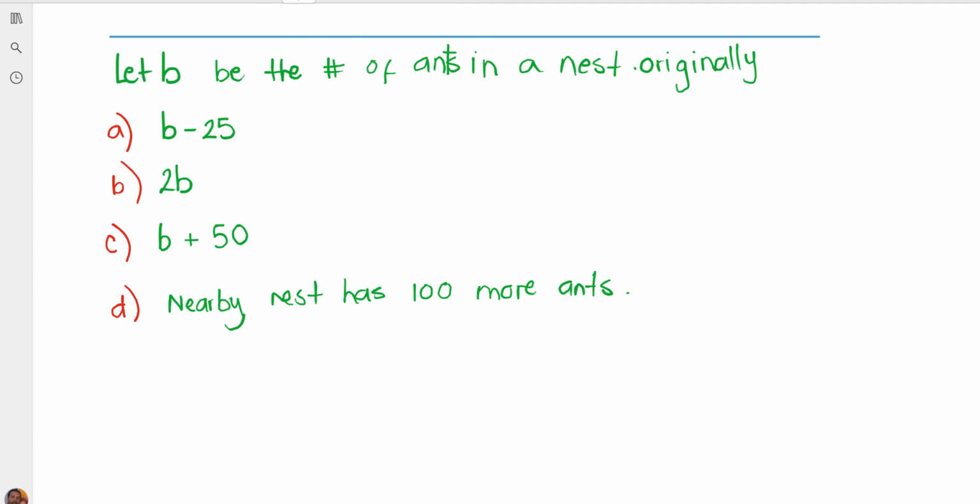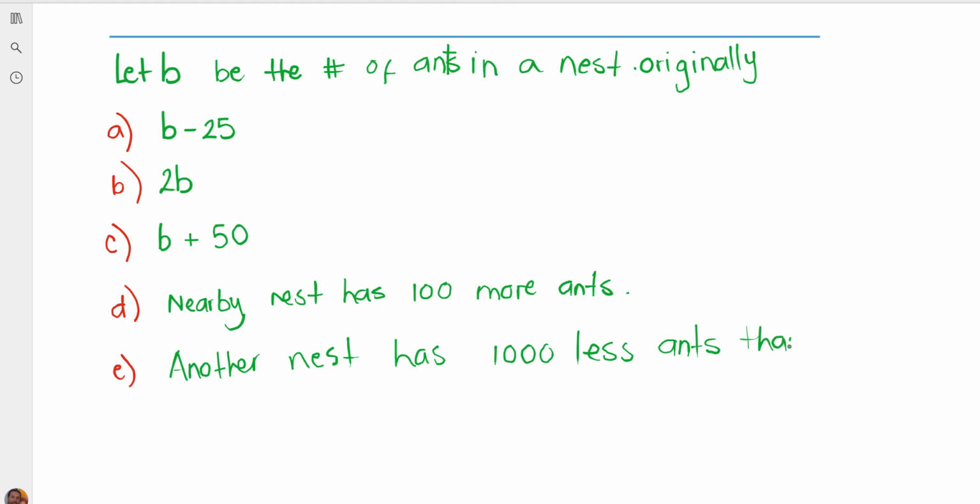So that means that another nest has 1,000 less ants than our nest. And I will say the same thing. A nearby nest has 100 more ants than our nest.